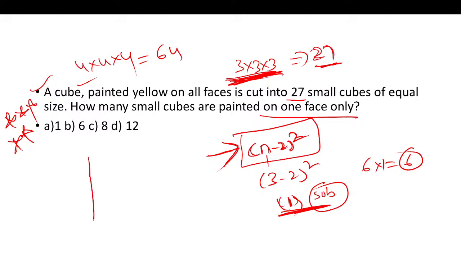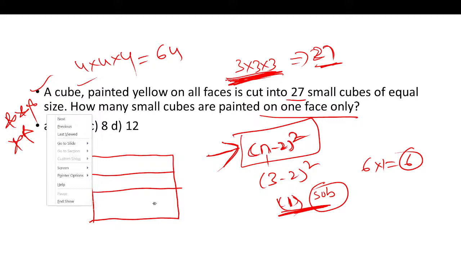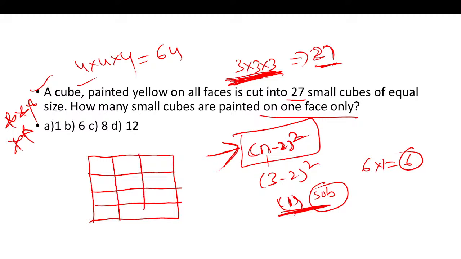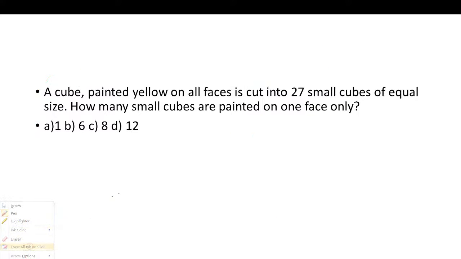Let's say one face of a cube. 3 cuts are there. 1, 2, and 3. 1, 2. Like this. Only one side painted is only one cube.